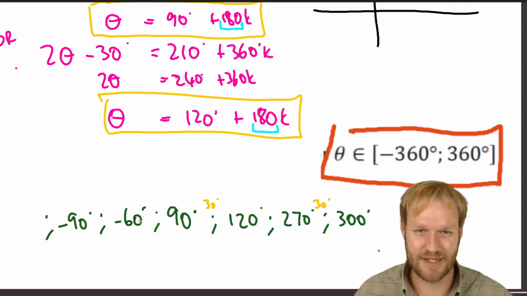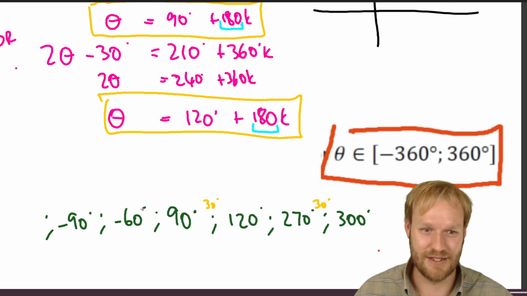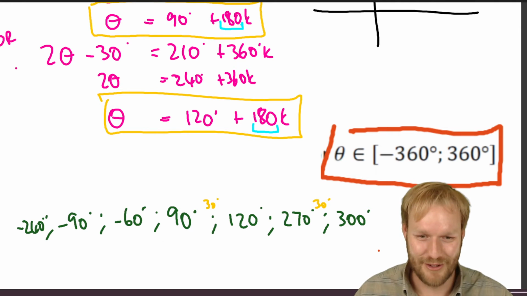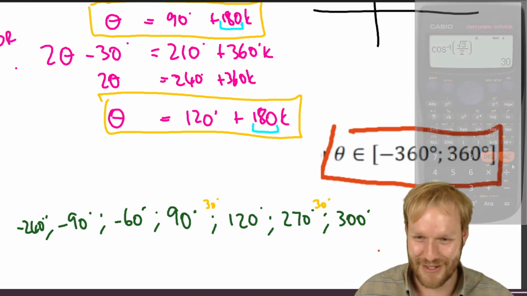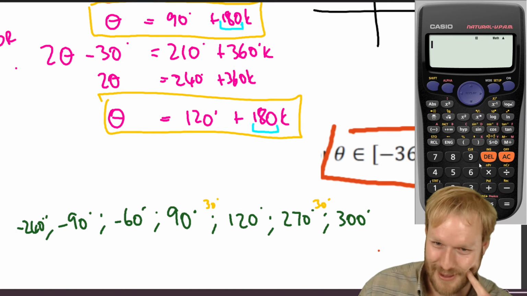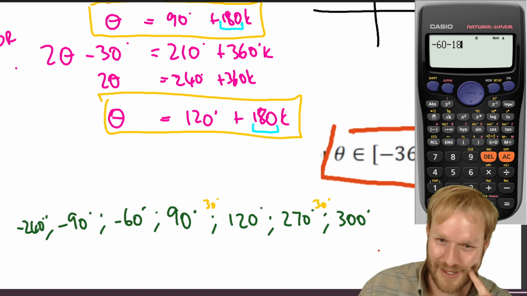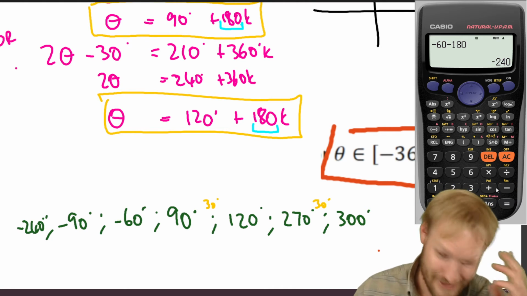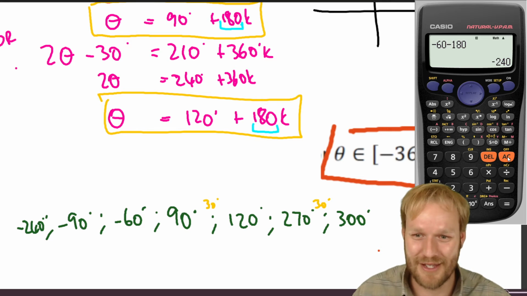minus 60 minus 180 gives us minus 240, right? I'm hoping this is where I get nervous and I just get this little cheat up, and go, so I think we're on minus 60 and then we're subtracting 180, and I definitely could do that in my head.